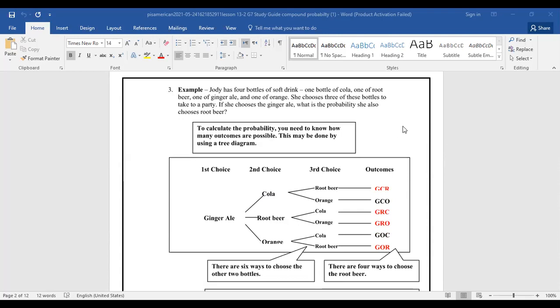Now, I want someone to answer: what is the probability to choose cola? How many times will you choose cola? It will be 4 out of 6.